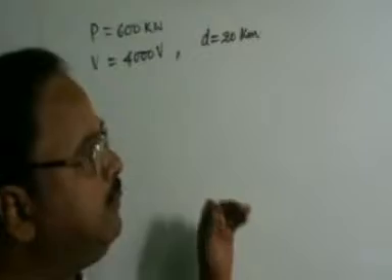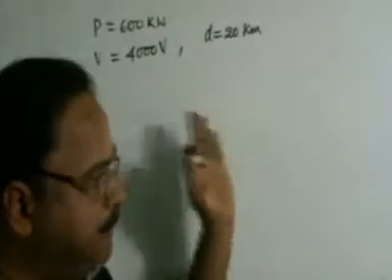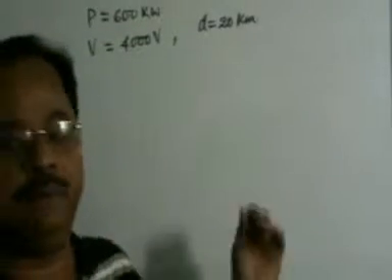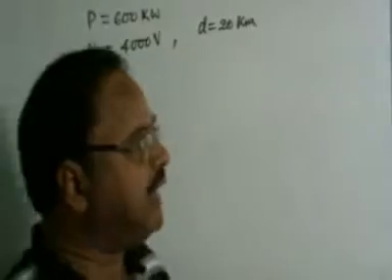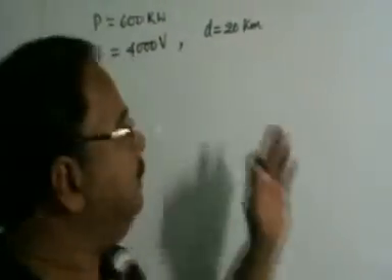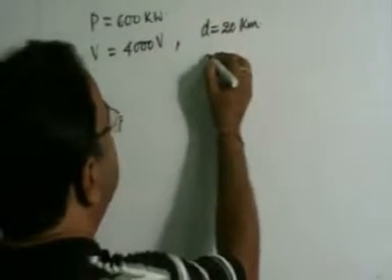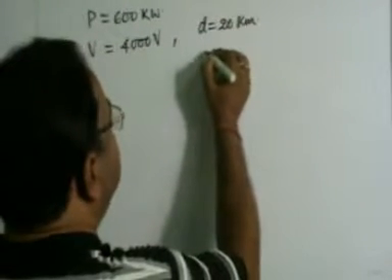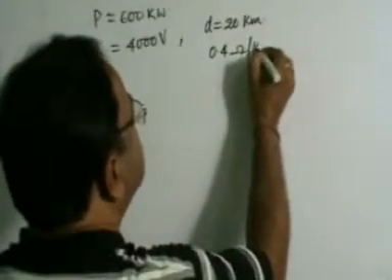Now what we have to calculate? We have to calculate the power dissipation in percentage. It is given that the resistance of cable is 0.4 ohm per kilometer.